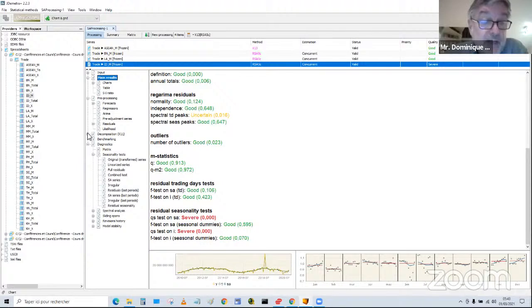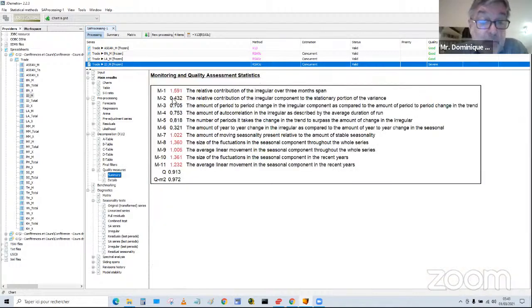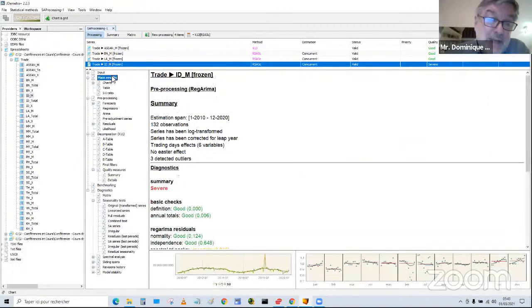So let me check that. Remember, it's in decomposition, quality measures, summary. Just a bit, not so much on the irregular, but on the evolution of the seasonal component. So I go back to check that in the graph.